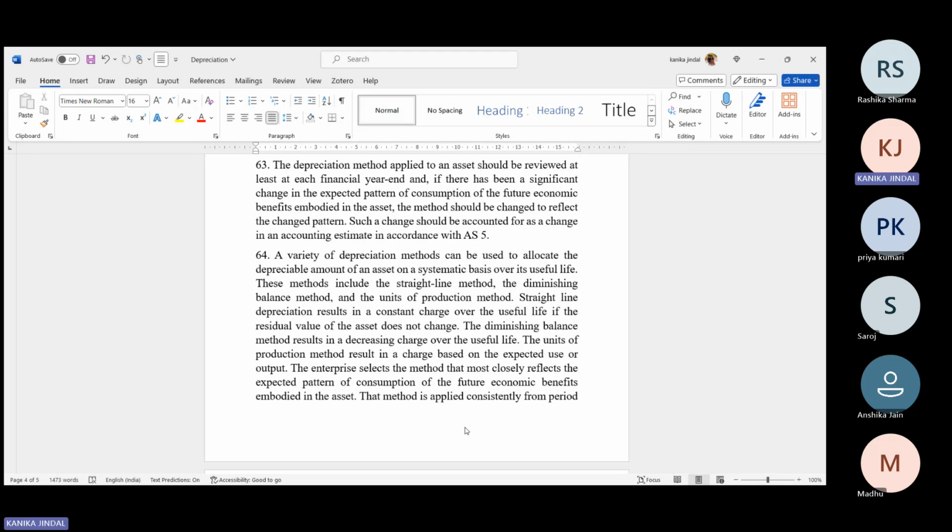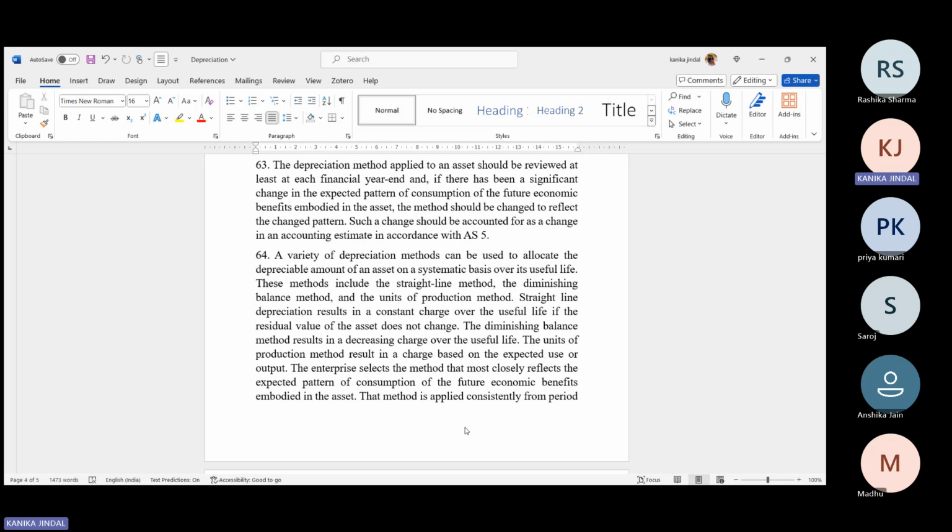So there are a variety of depreciation methods which can be used to allocate the depreciable amount of an asset on a systematic basis over its useful life. These methods include straight line method, diminishing balance method, and units of production method. The straight line method results in a constant charge over the life.